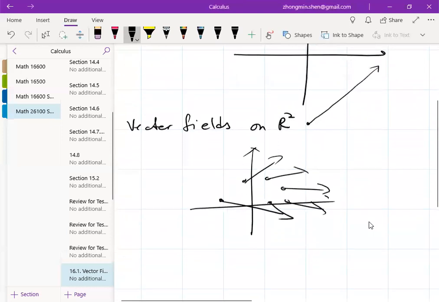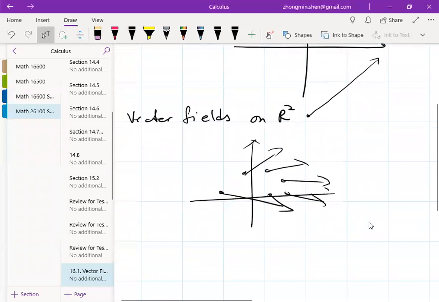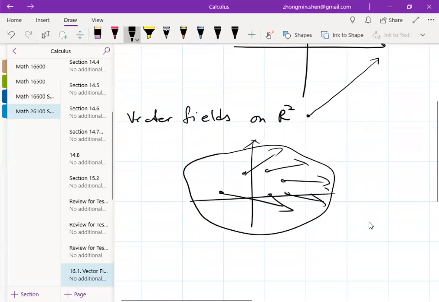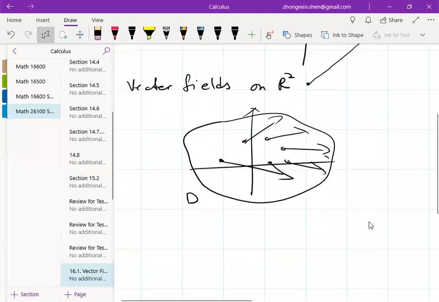A vector field, roughly speaking, can also be viewed as a function. Suppose we have a vector field on D. It assigns to each point a vector.